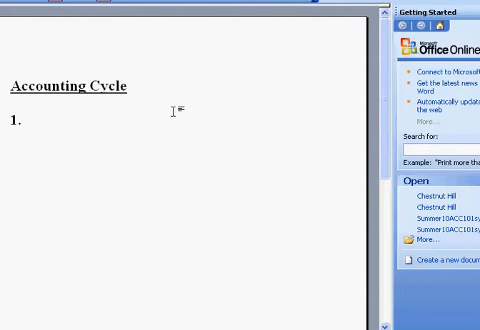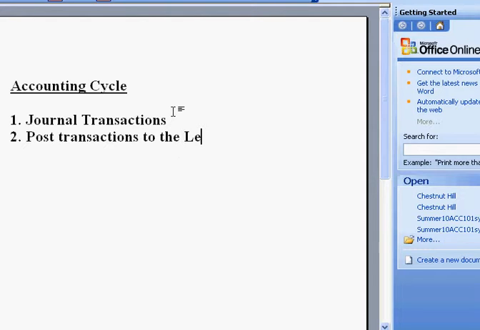So number one, what do we want to do? We want to journalize. Journalize what? Journalize transactions. Number 2, we periodically post transactions to the ledger accounts.